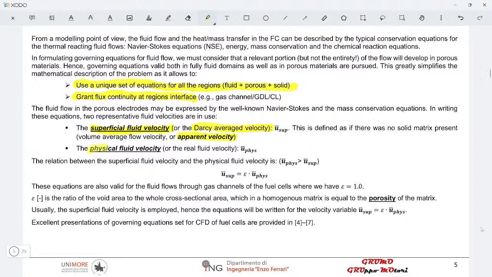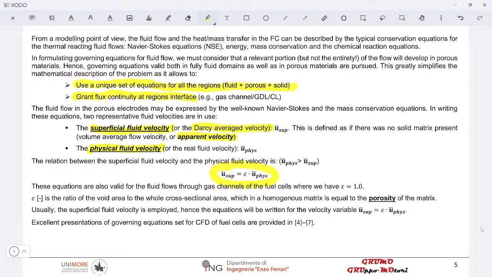The other one is the physical fluid velocity. So it's actually the proper real velocity of the fluid particle. And the relationship between these two velocities is this one here. So the superficial velocity is epsilon, which here means porosity, times the physical velocity. Porosity is, as we have introduced, the ratio of the void over the full entire volume. So the void is the volume fraction available for the fluid.